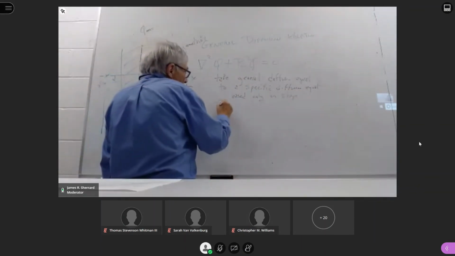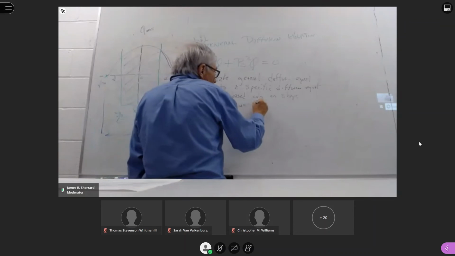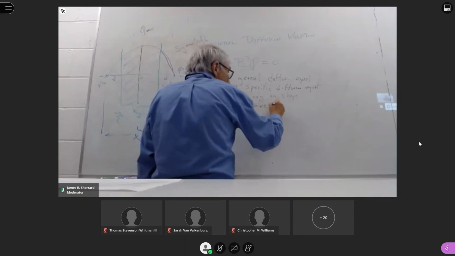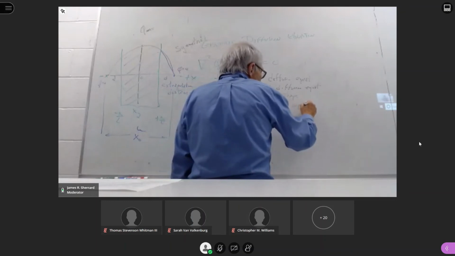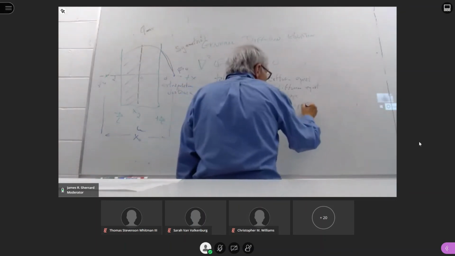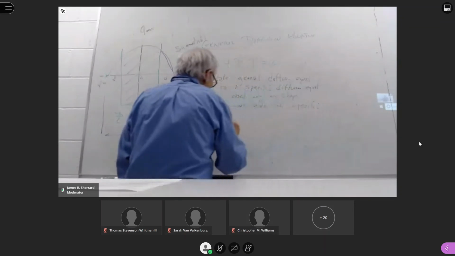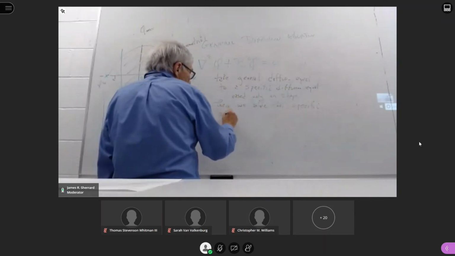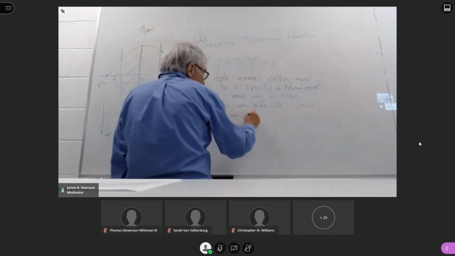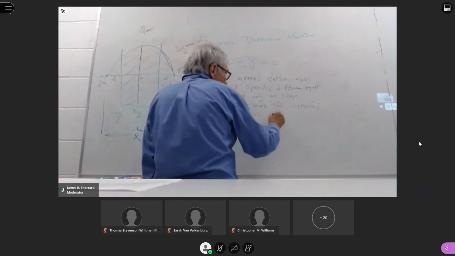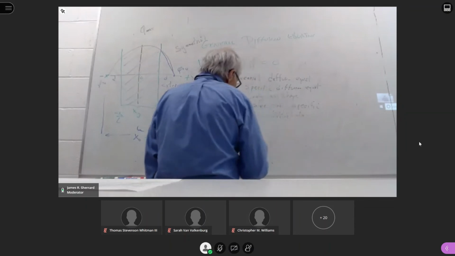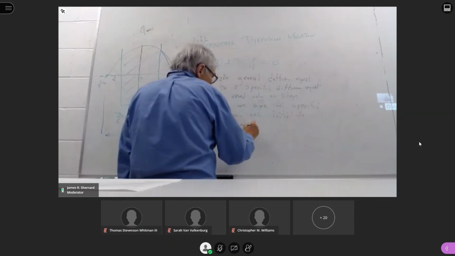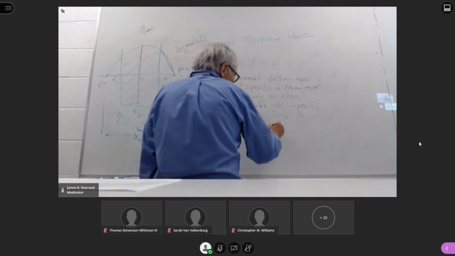Then we solve that specific diffusion equation using initial and boundary conditions.